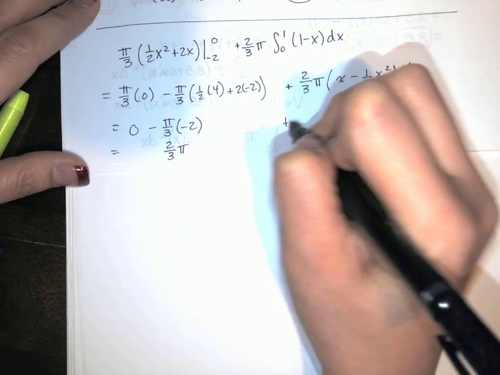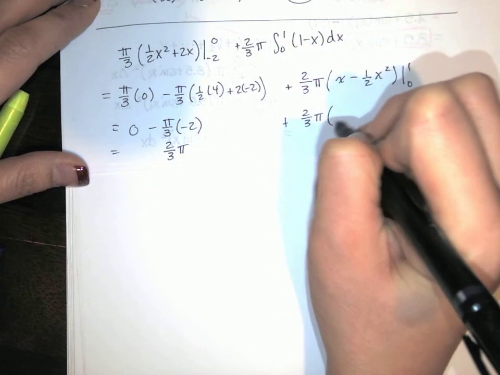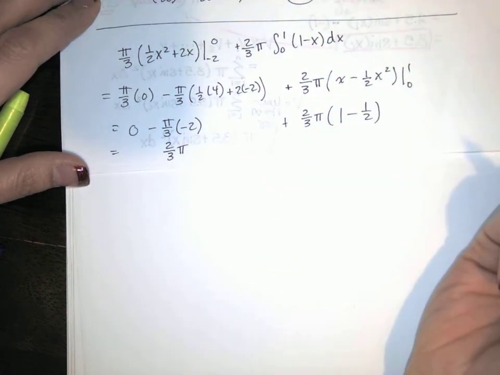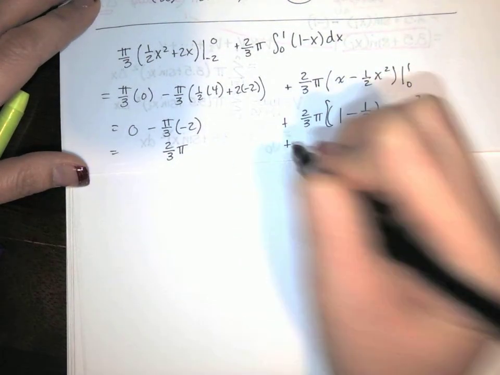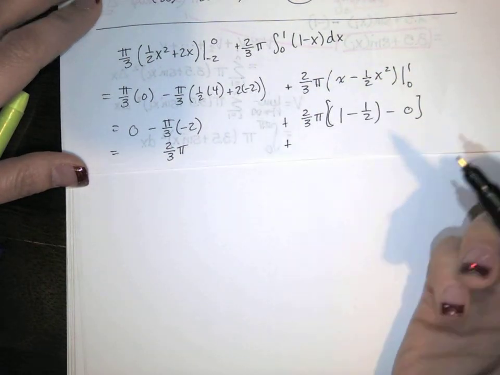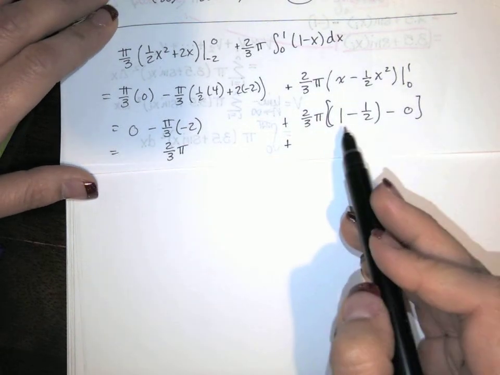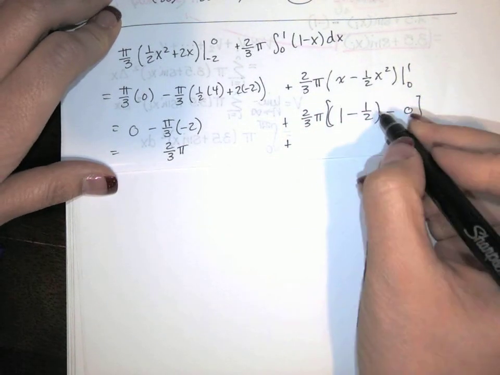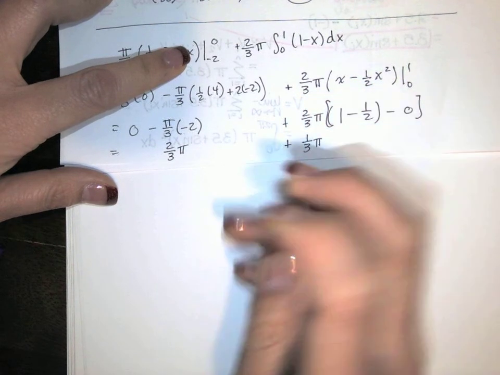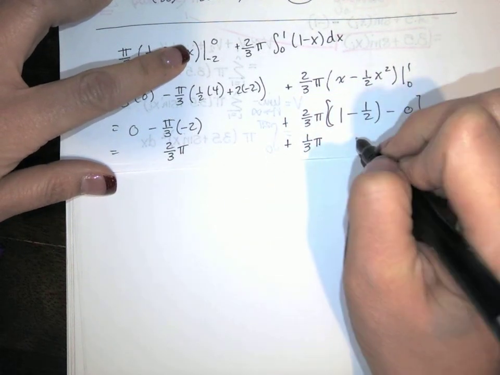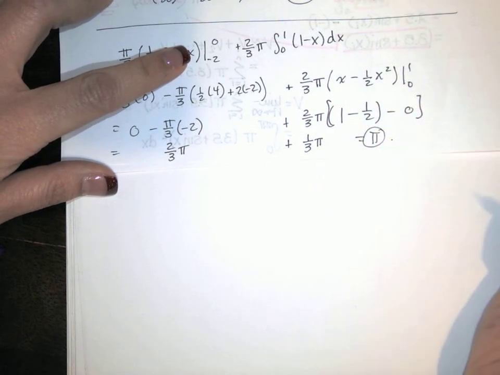Over here, we get 2/3 of pi times 1 minus 1/2 minus 0. So I end up with 1/2 of 2/3, which is 1/3 of pi. What's 2/3 of pi plus 1/3 of pi? You said pi. You were right.